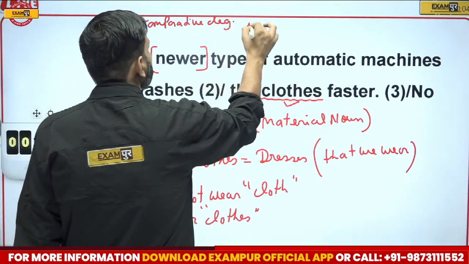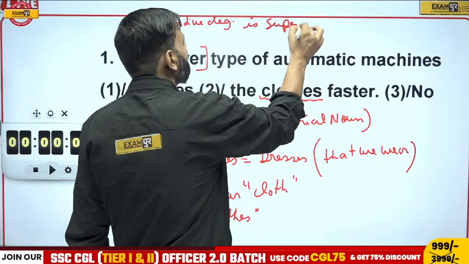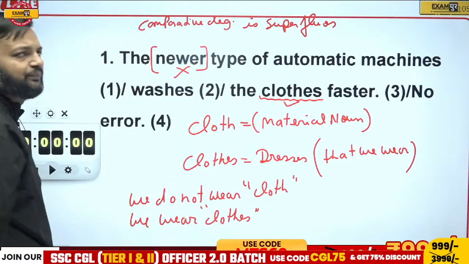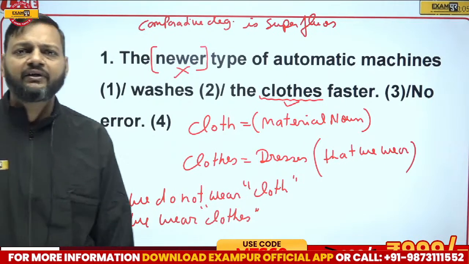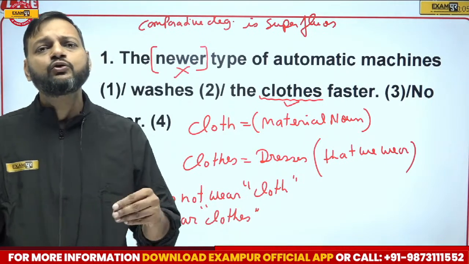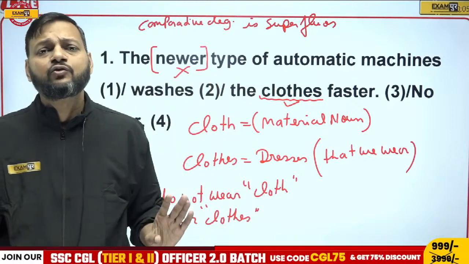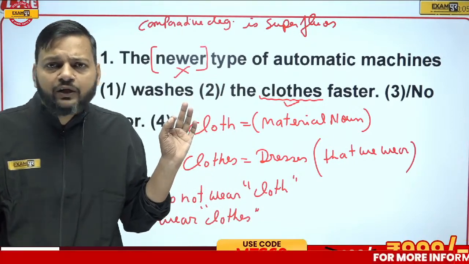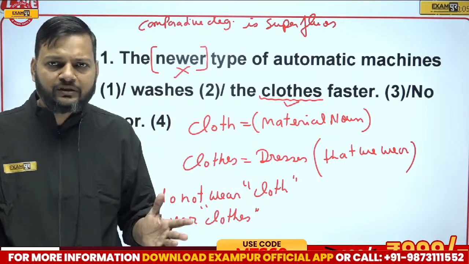There is no need of the comparative degree, because the comparative degree can be used only if there is some sort of comparison. But here no comparison is there, so the use of the comparative degree is useless, right?